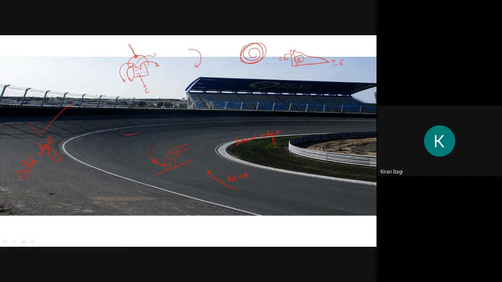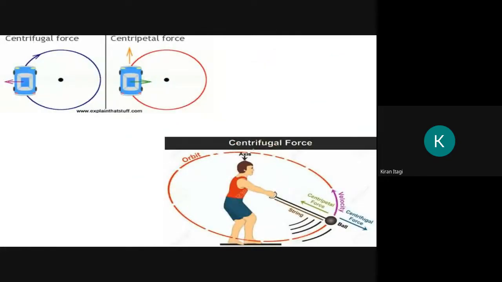Remember it. Here you have, say, a bucket or ball or whatever. When you are spinning it, the centripetal force will be acting towards the inside and the centrifugal force will be acting outside.